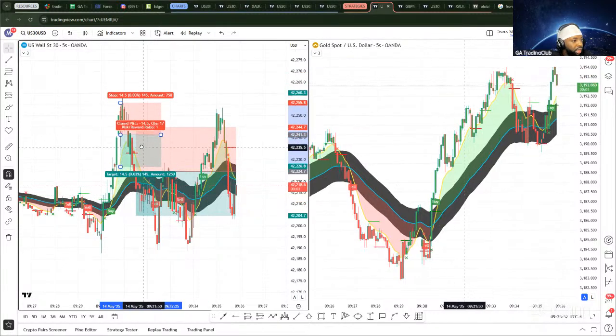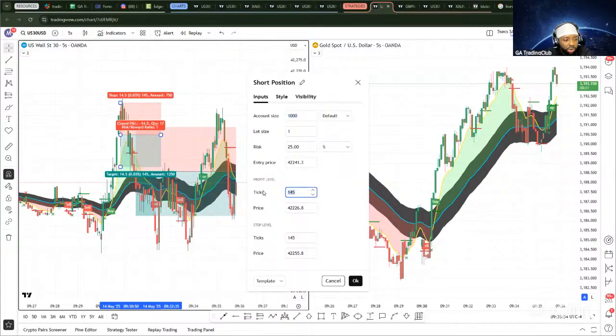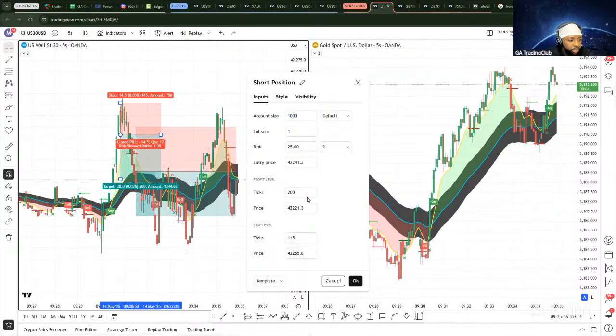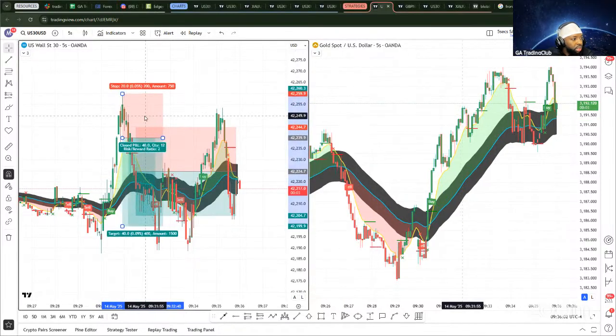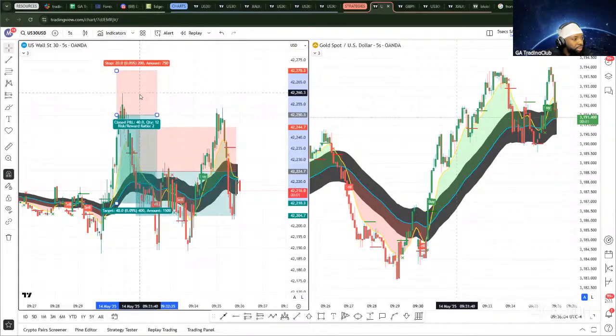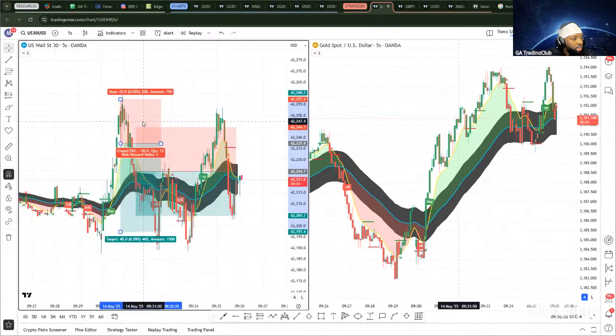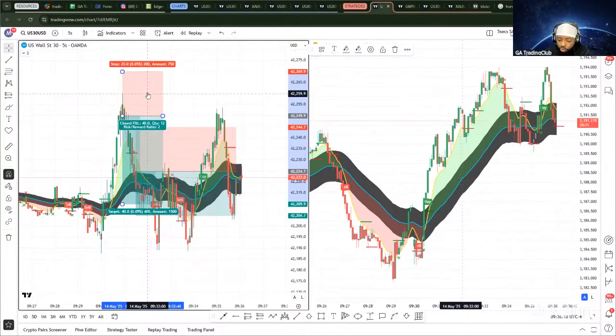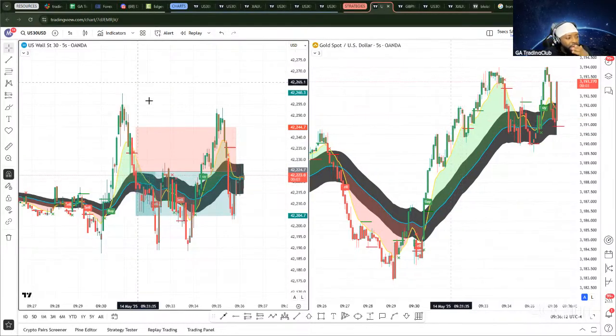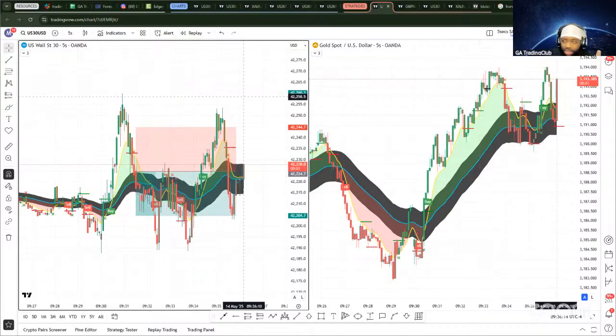I think I entered down here. Unfortunately, for the 10-point entry, I got taken out, but that's the account I'm using to track.